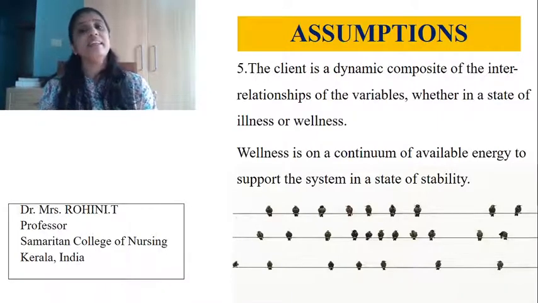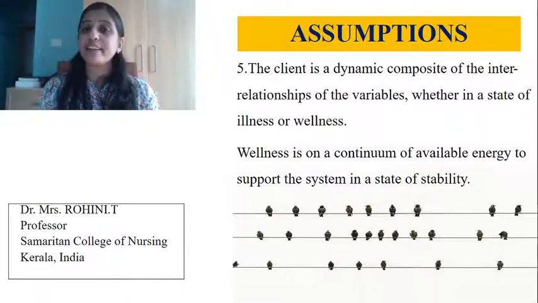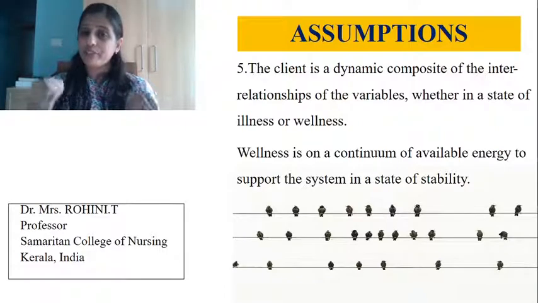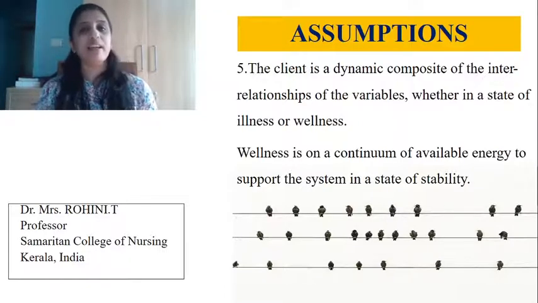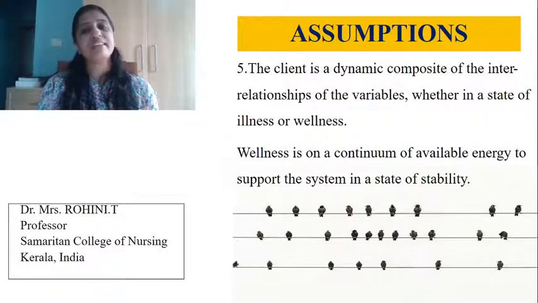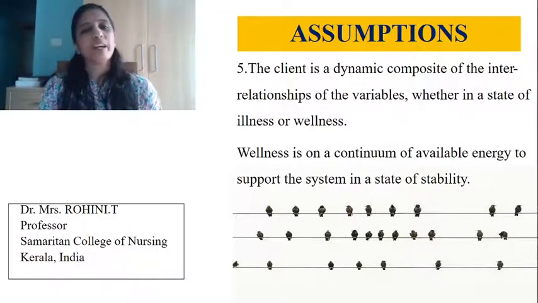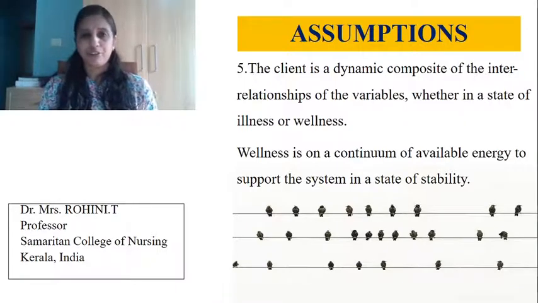The client is a dynamic composite of interrelationship of variables, whether in illness or wellness. So I understand that whether I am well or ill, the interrelationship of variables is always there. Wellness is on a continuum of available energy to support the system in a state of stability. So Neuman talks about the concept of wellness in assumption number 5.